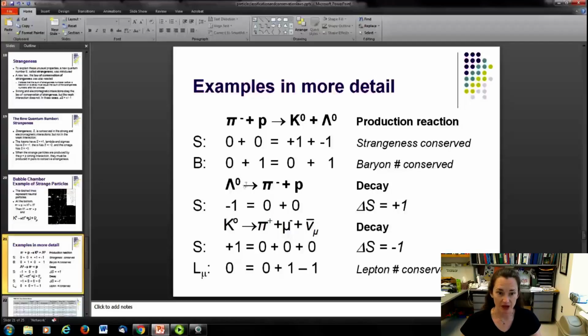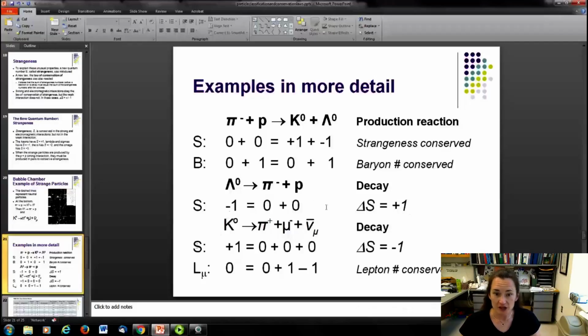So here we go. Your strangeness of that lambda particle is -1. Your pion, it's not strange, it's got a strangeness number of 0, and neither is your proton. So your strangeness number goes from -1 to 0, so it's increased by 1. So your delta S is equal to +1. That means the weak interaction is in play here, and strangeness can be violated by plus or minus 1.